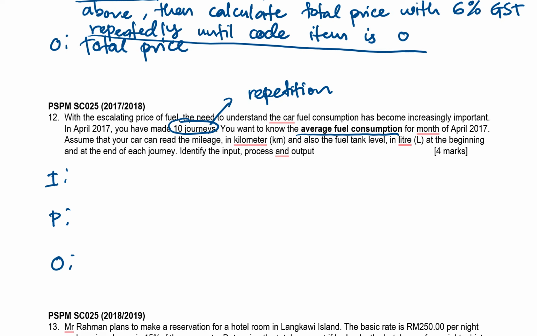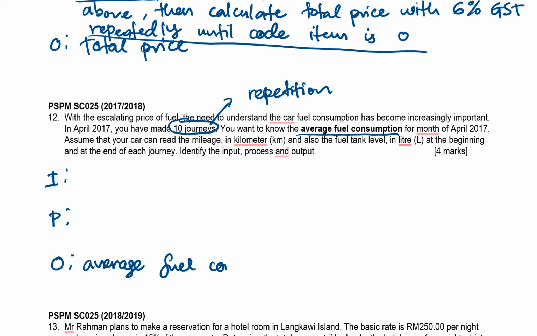So this program will repeat 10 times, and at the end this program will get the average. Of course, in this problem statement you must have sequence, at least sequence must be there. So you have sequence and also repetition control structure. Now, what is the output? We are going to get the average fuel consumption.